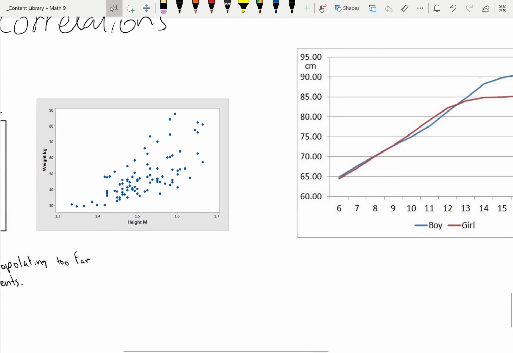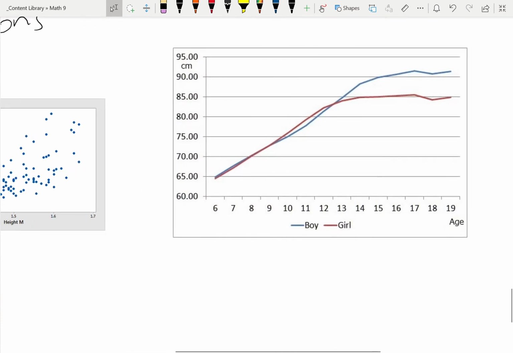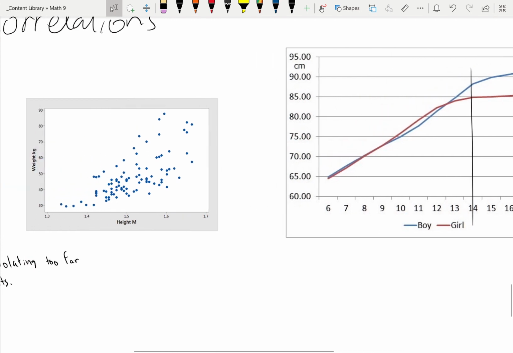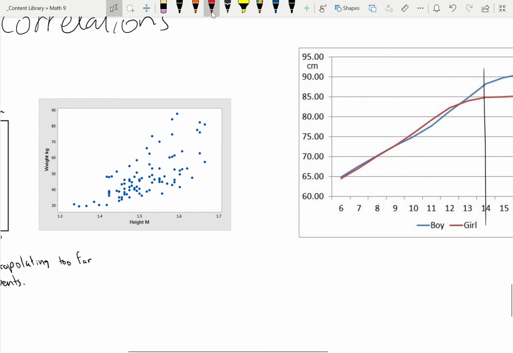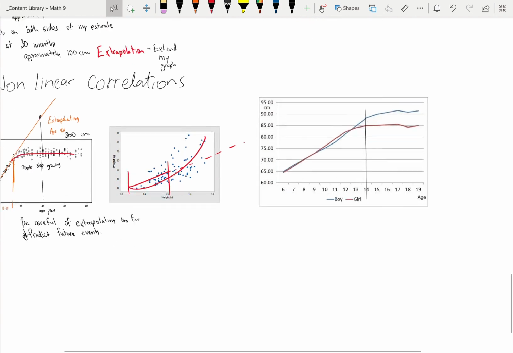Or in another case, we have heights of boys and girls. You can see that after a certain age, people tend to stop growing. Or in this case, maybe you have a relationship that isn't linear at all, but instead it's more of an exponential. So if you're only given a small chunk of data, maybe you make this connection that it's linear, and then if you continue it on, it quickly falls away from what's accurate.